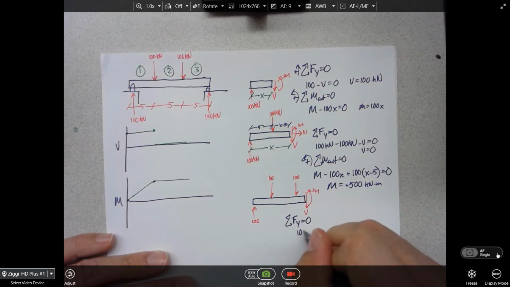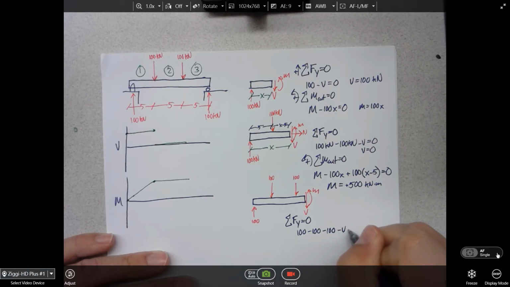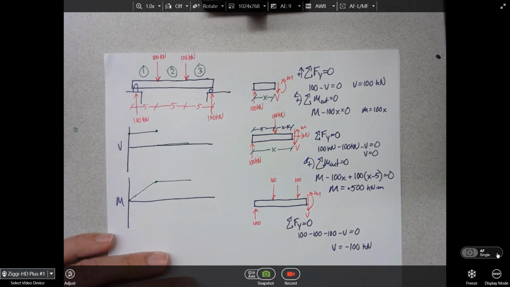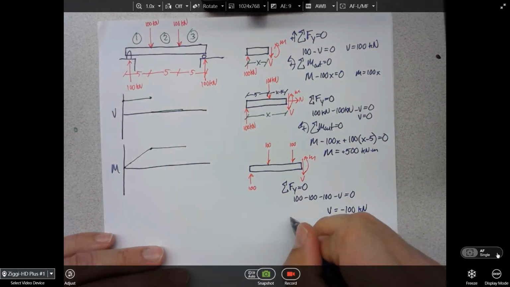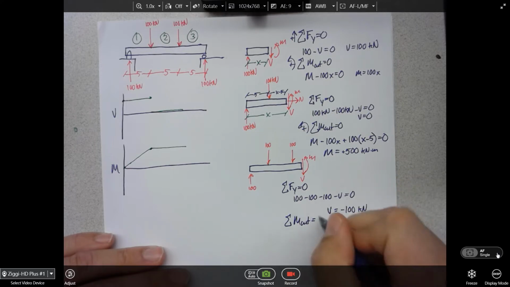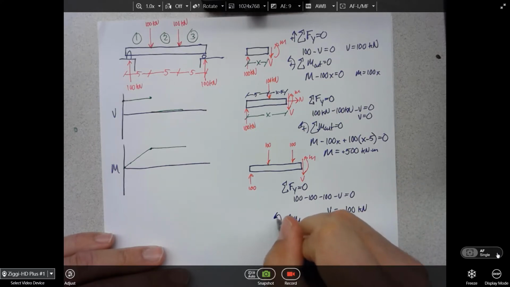We'll have 100 minus 100 minus 100 minus V equals 0, or V equals negative 100 kilonewtons. And then we can sum the moments about the cut, and that equals 0.